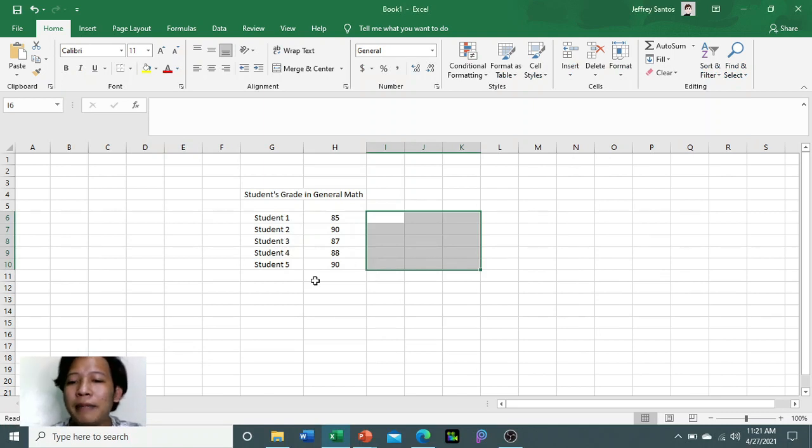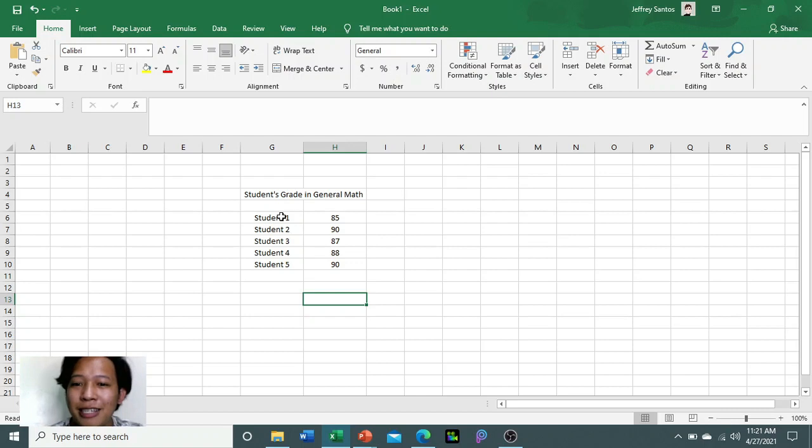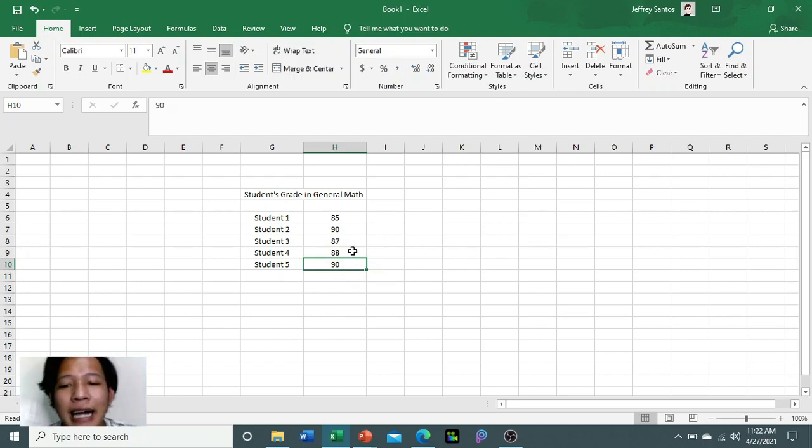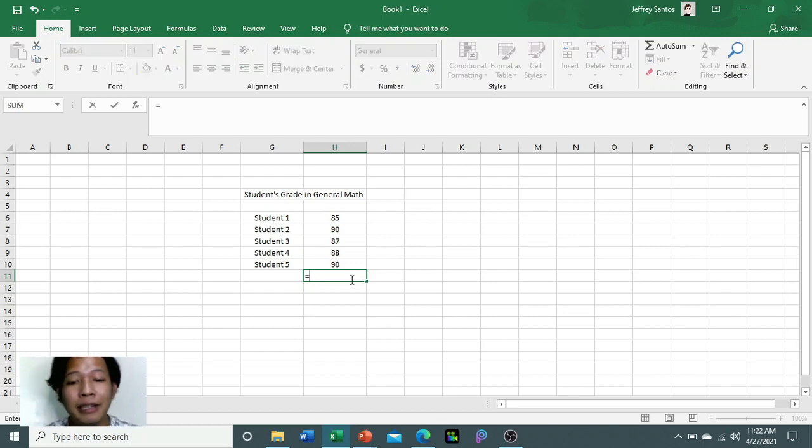Suppose our population here are 5 students. We are after their grades in general mathematics. Student 1 has 85, student 2 is 90, student 3 is 87, student 4 is 88, student 5 is 90. Now, to get the mean, we simply get the average of this.